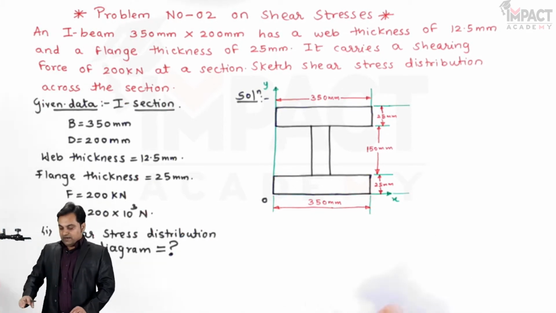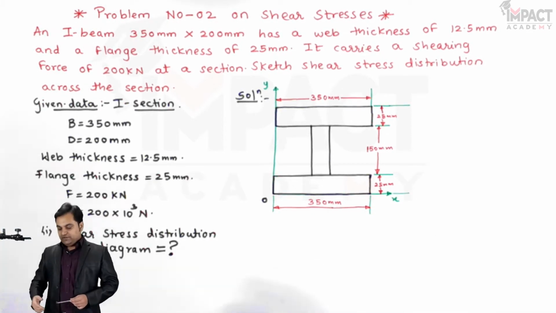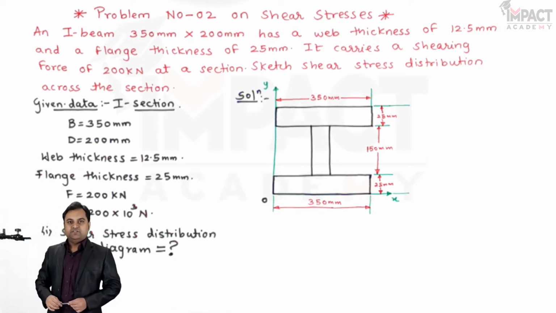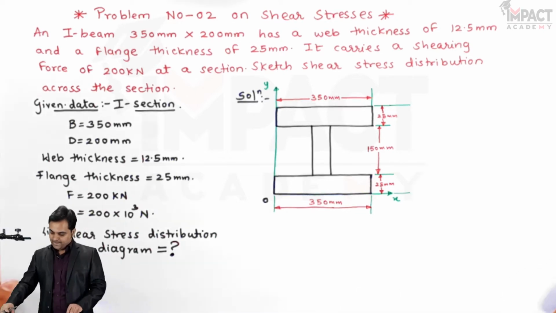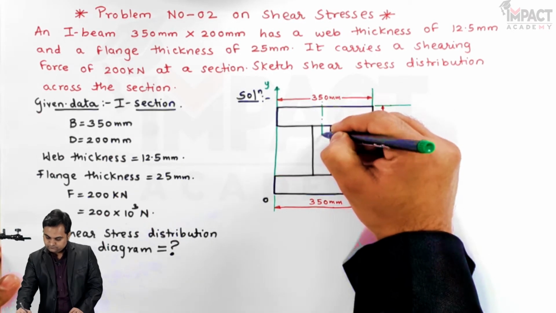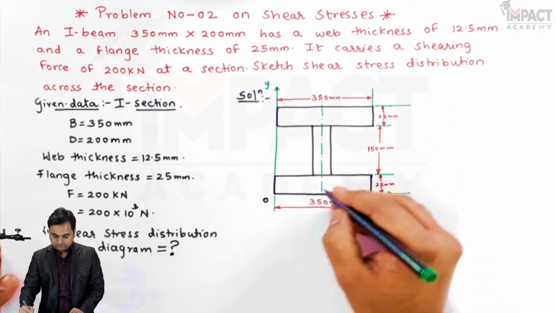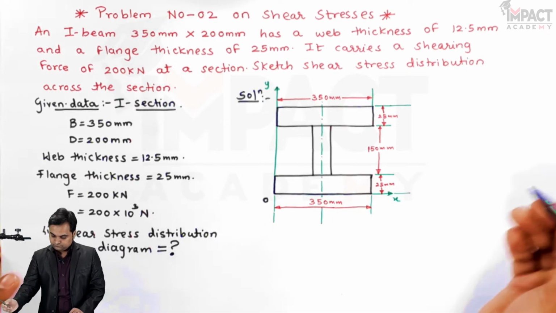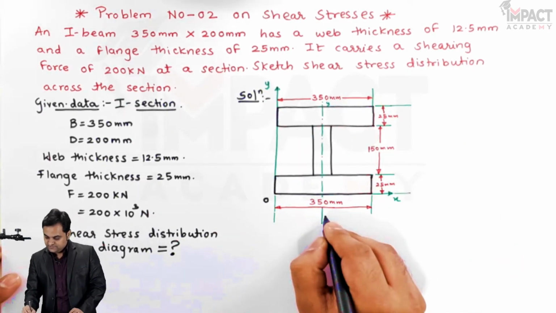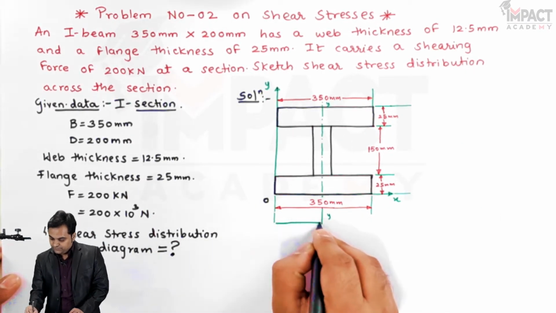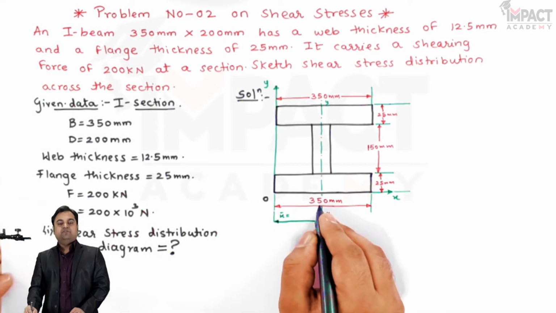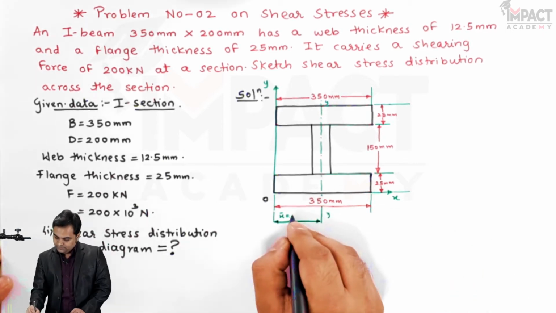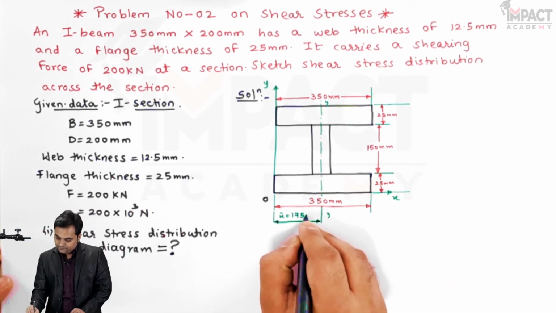Now, after reaching up till here, since we can see here that it is a symmetric I section, x bar is the location of the Y axis for this I section. So this is the Y axis and the location is denoted by x bar, which is half of 350, that is 175 mm.